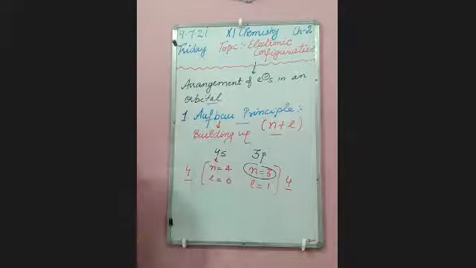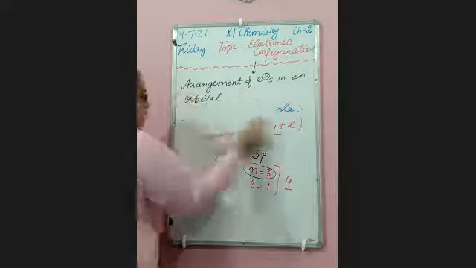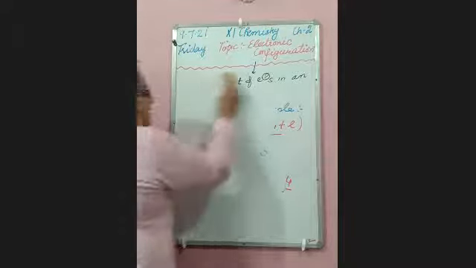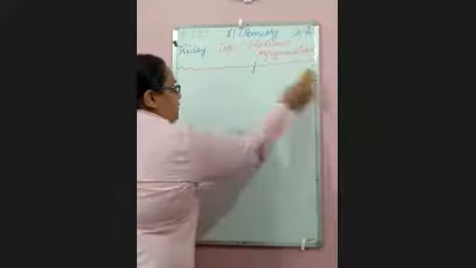It states that an orbital can have a maximum of 2 electrons and their spins should be different. Suppose one is moving in the clockwise direction, so the other should move in the anti-clockwise direction.